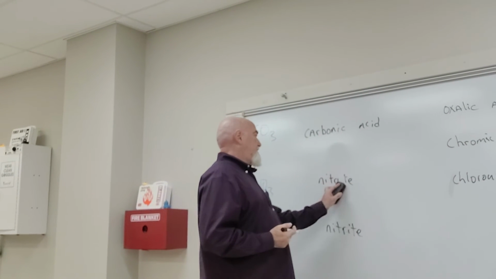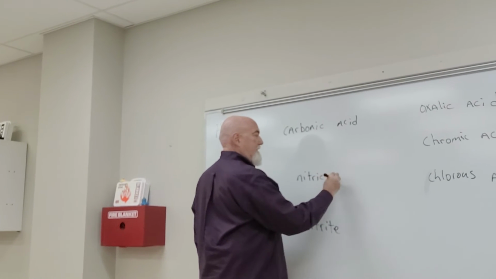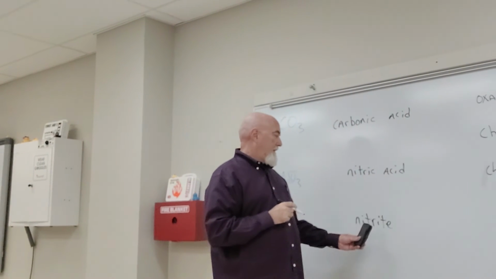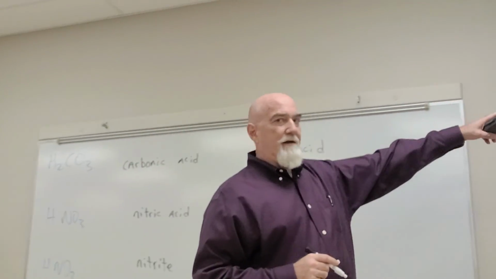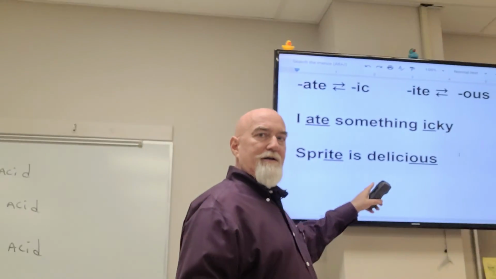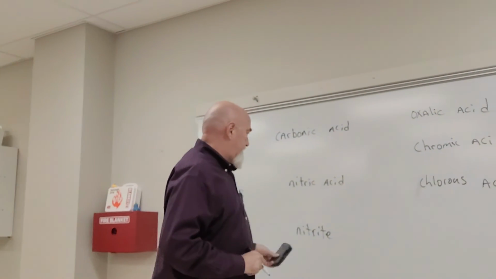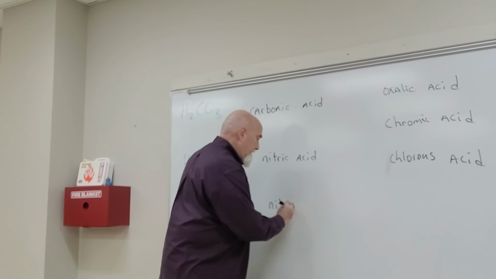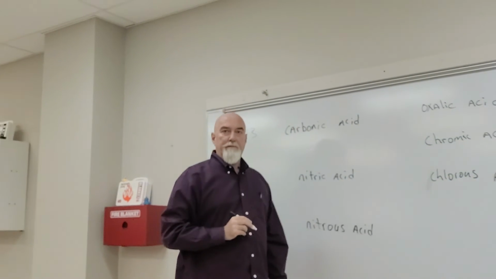ATE and IC interchange, so you just get rid of ATE, put in IC, acid, nitric acid. Sprite is delicious. That was our other phrase up here. ITE changes with OUS, so you just get rid of the ITE and replace it with OUS, nitrous acid.